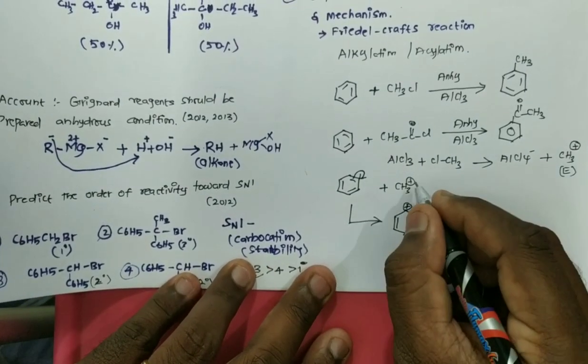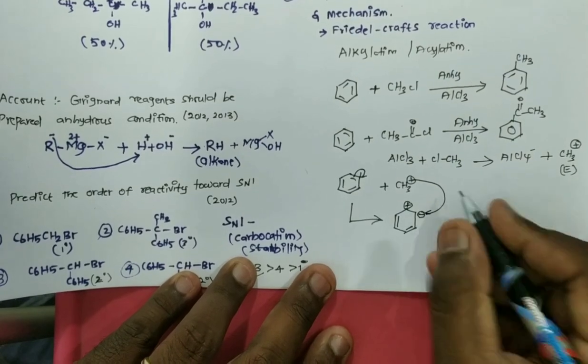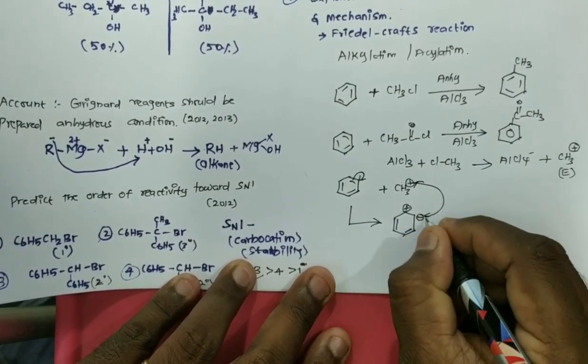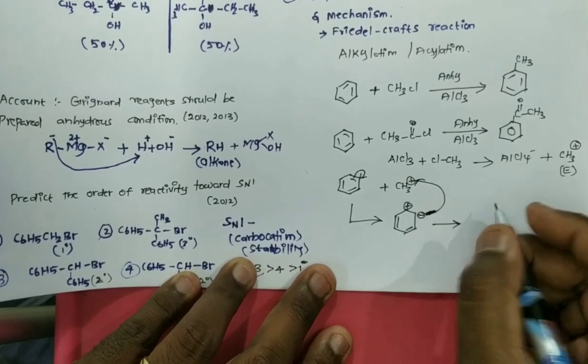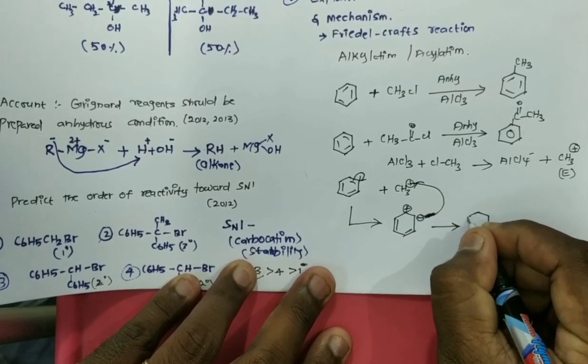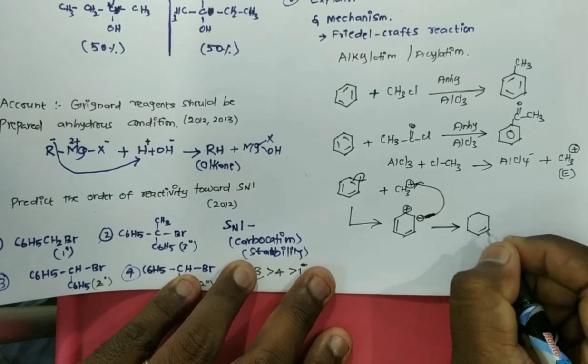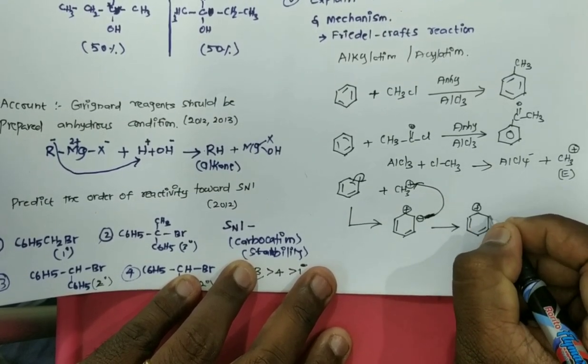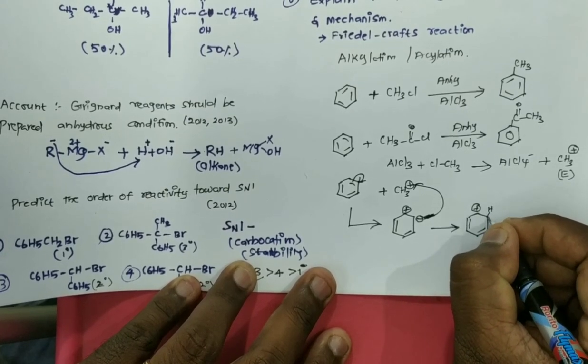Now the CH3 plus will come and attack here. Now what will happen? Here one bond is there, and one positive charge is there. Already one hydrogen is there.